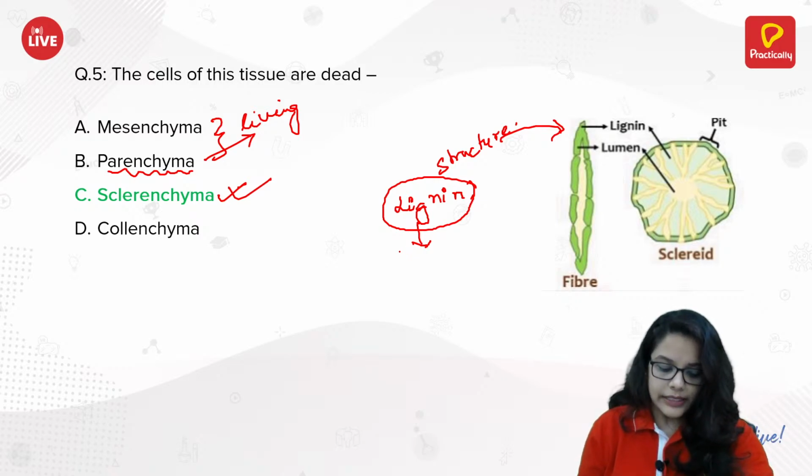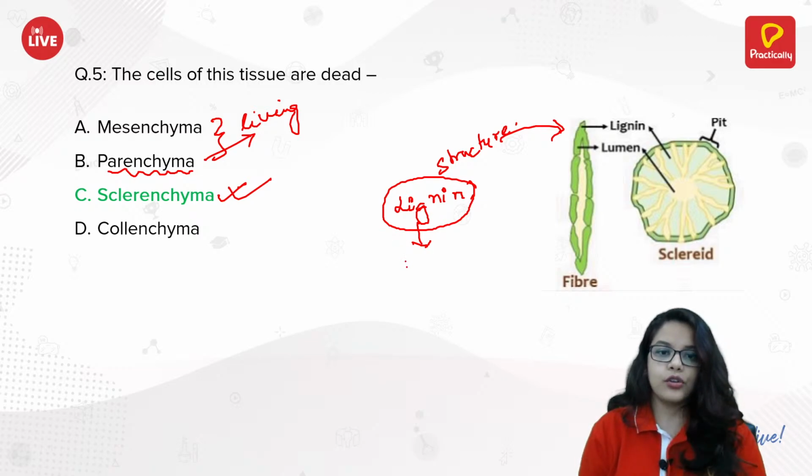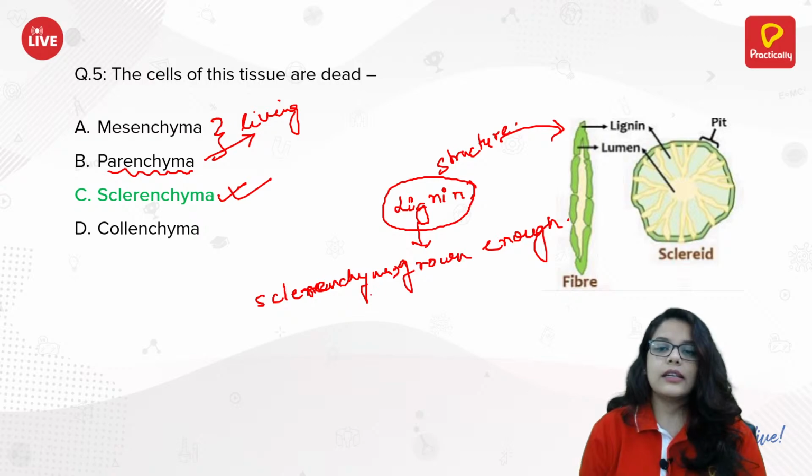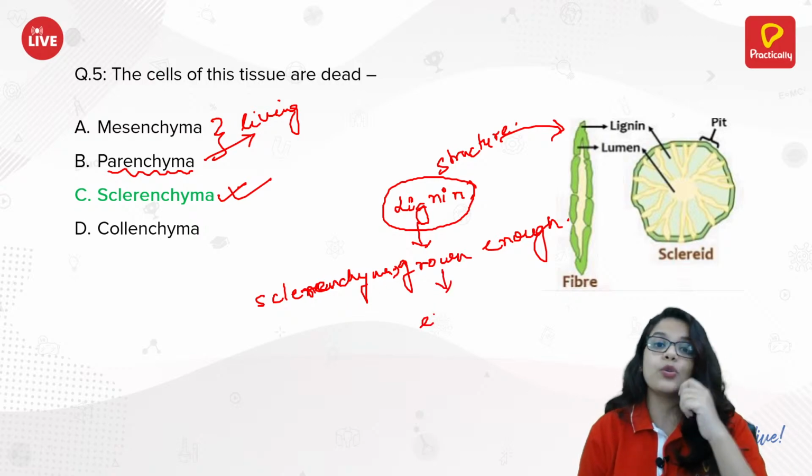Now, dying mostly is because they have grown enough. Sclerenchyma, after it has grown enough, does not elongate anymore, or does not grow anymore.